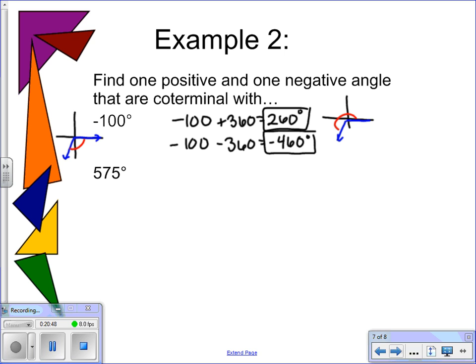And the last one, if I draw that negative 460 degree angle, I'm going clockwise here. I'd be at negative 90, negative 180, negative 270, and I'm back to negative 360. And then if I add another 90, this is now negative 450.